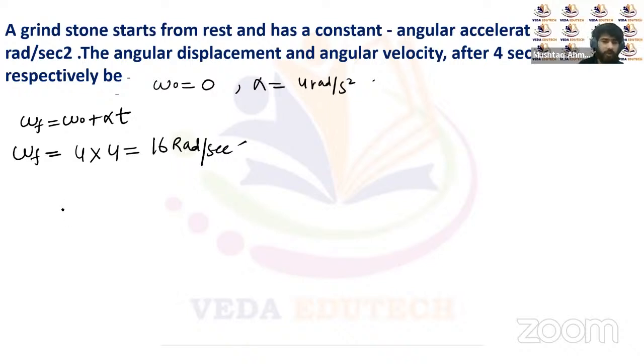Similarly, talking about the angular displacement, we know omega final square is equal to omega initial square plus twice alpha delta theta.